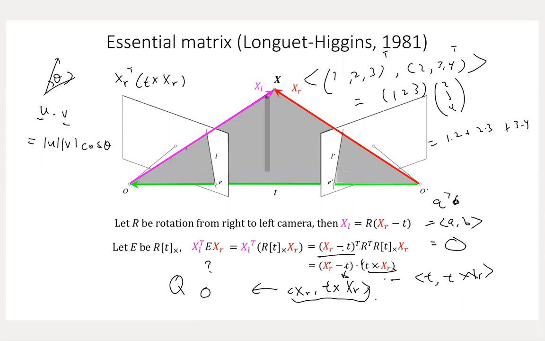In this case, when you do a cross product, T cross X_R is a vector perpendicular to the plane of T and X_R. So of course T cross X_R will be perpendicular to X_R. Therefore this inner product here is equal to 0.